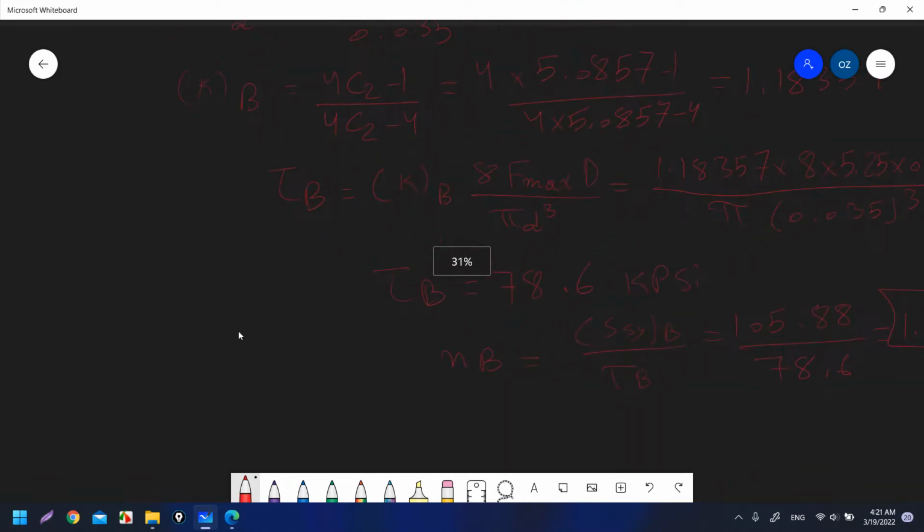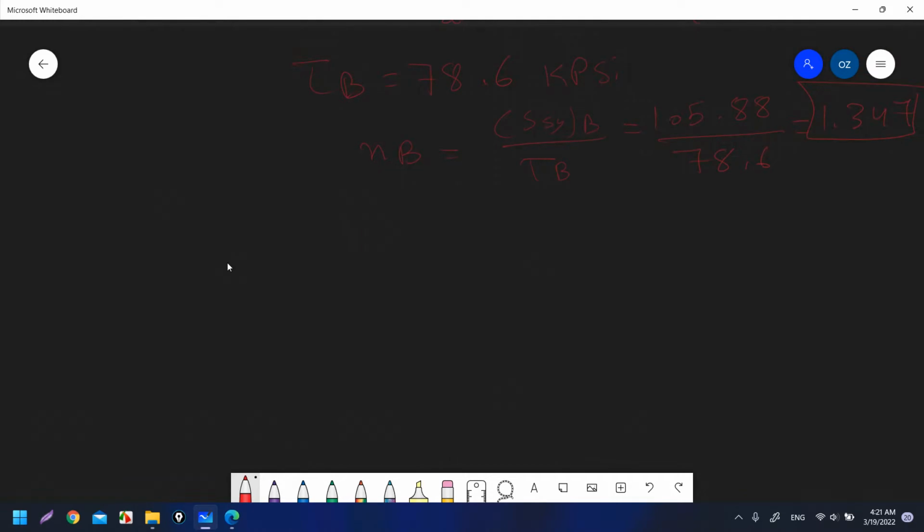So that is the overall factor of safety for me. The overall system factor of safety is the minimum between NA, N for the coil, and NB. The minimum was NA. Okay, NA is the overall factor of safety, equal to 1.265.